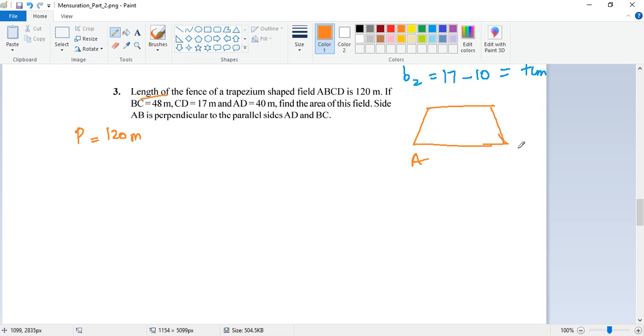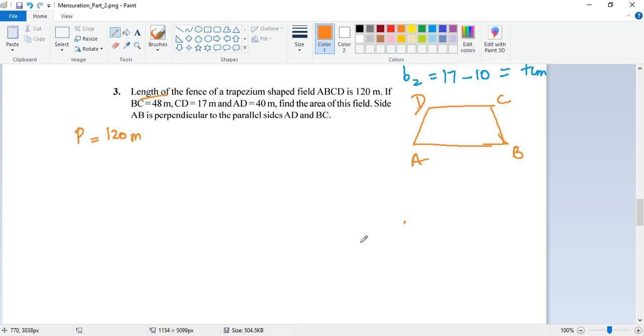A, B, C, D. So I have this fine. This one is A, B, C, D. Let me keep it as D over here.